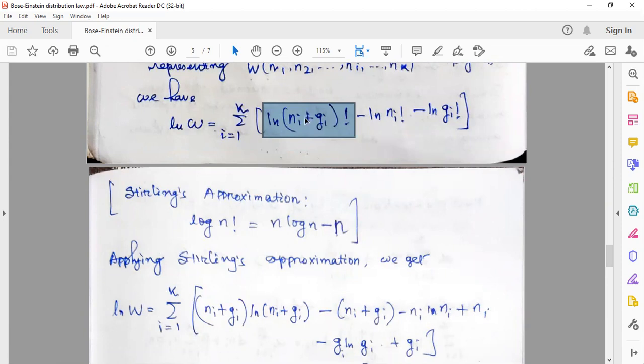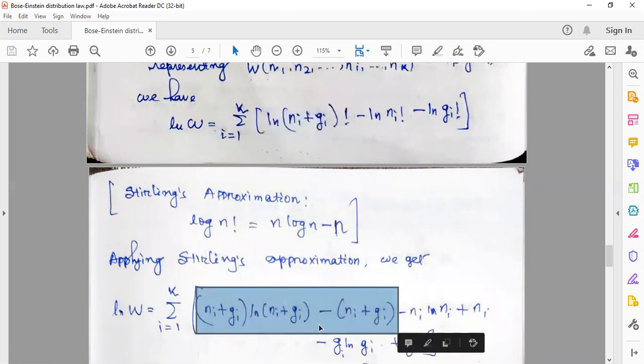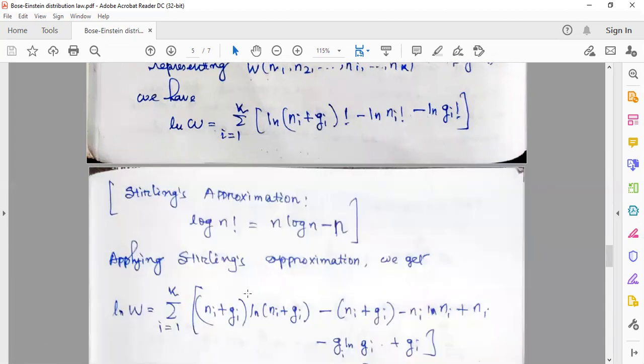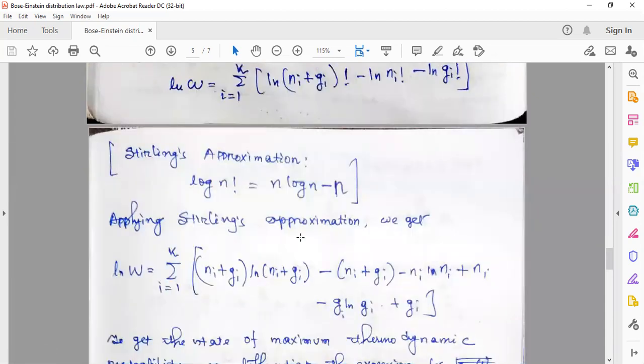If you break it, n log n means it will be (ni plus gi), and log n means log of this quantity, log of (ni plus gi). And minus n means here minus (ni plus gi). I hope you have understood this part, which can be derived from this part. Is it fine? I hope you understood this.